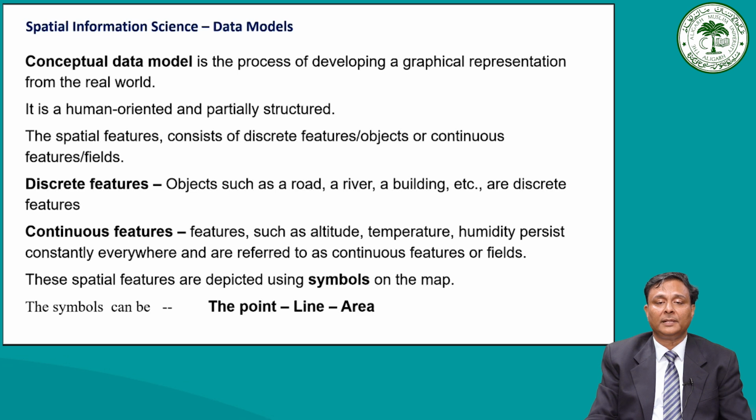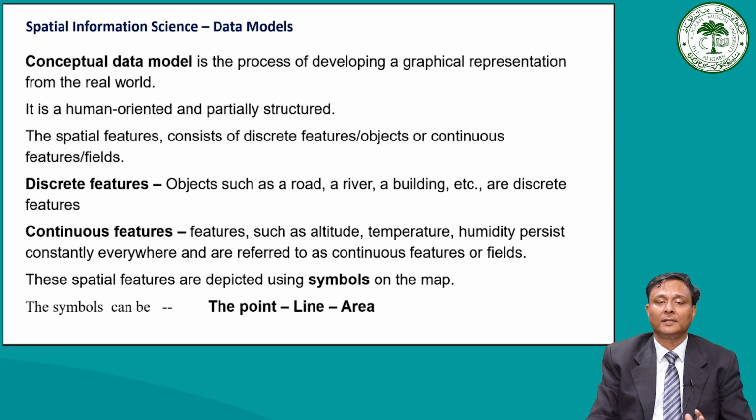The point symbol is used to represent small features or objects, such as a bank, a post office, or even a college. There can be many other examples which can be represented by a point in spatial information. Whereas a line represents a linear feature, such as a road, railway line, or power line.